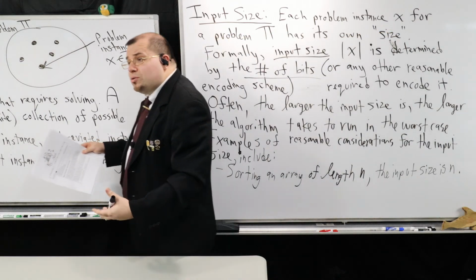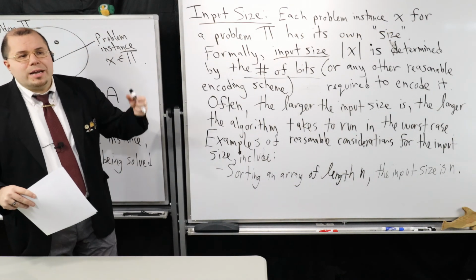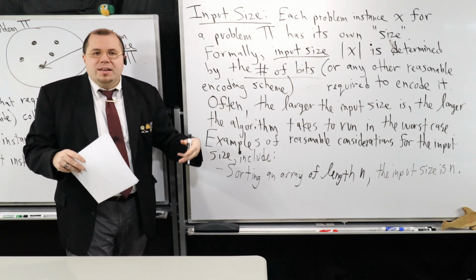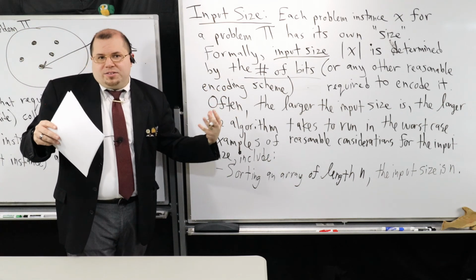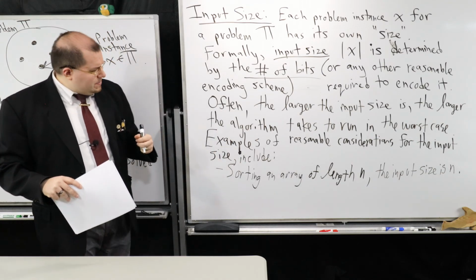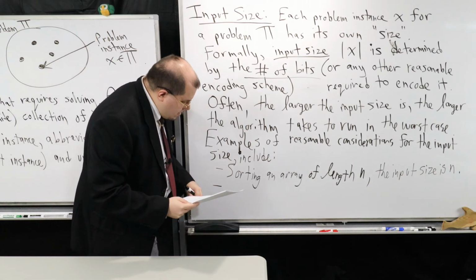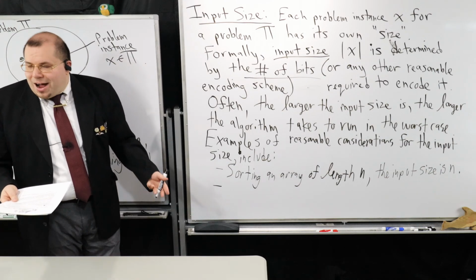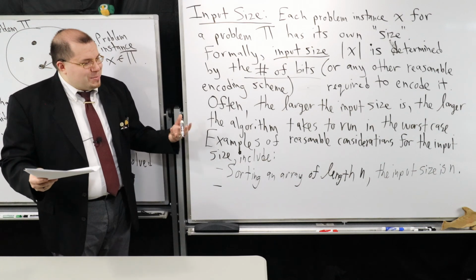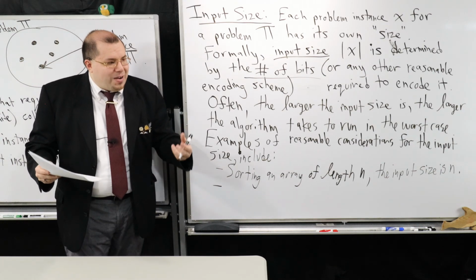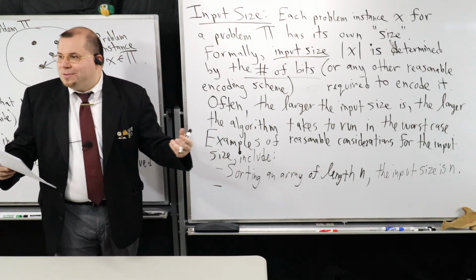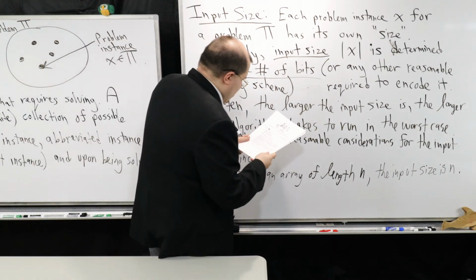You're going to find in most cases, just considering the number of elements in your input is going to be the input size. Why? Because most of the time, the algorithm's running time will depend on the number of elements, not what the values of the inputs actually are. I'll talk about that in a moment.